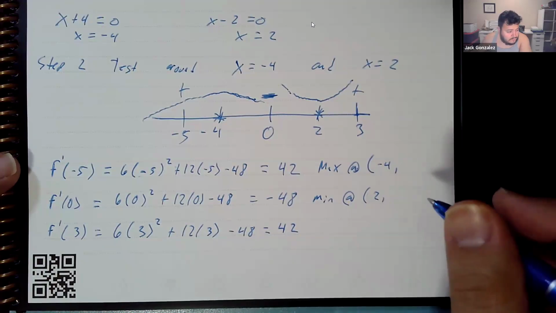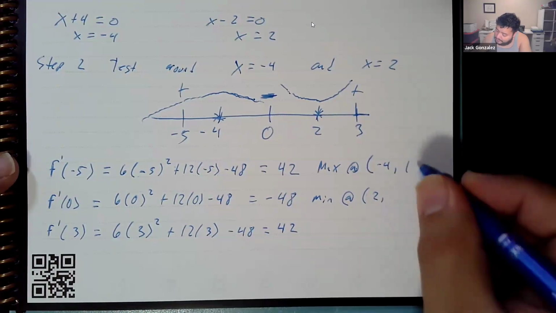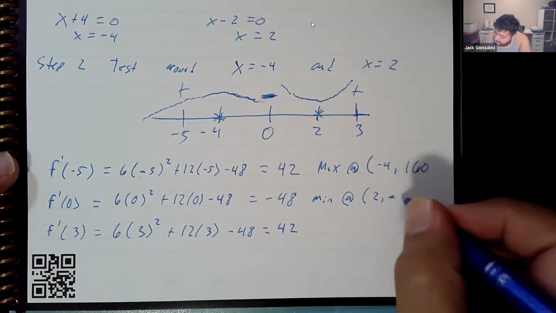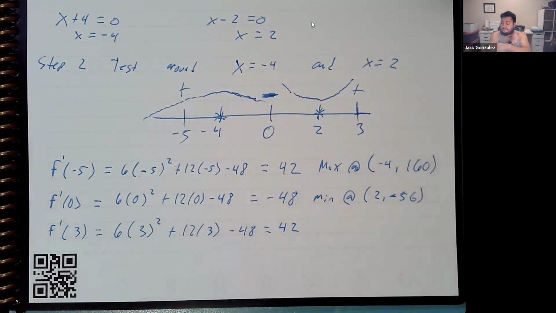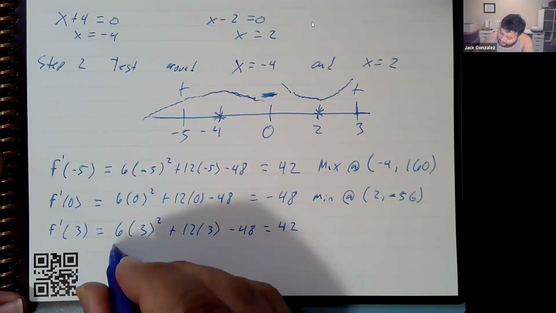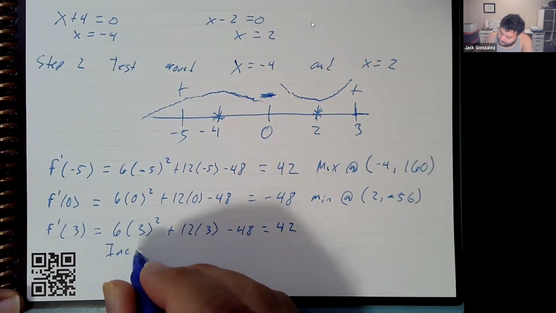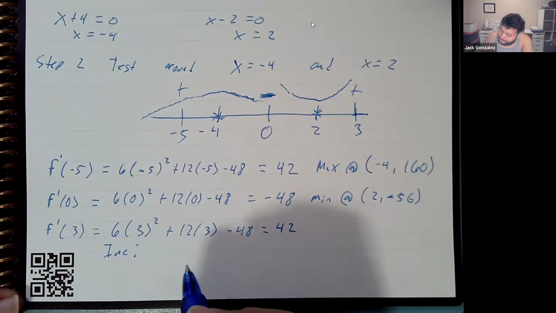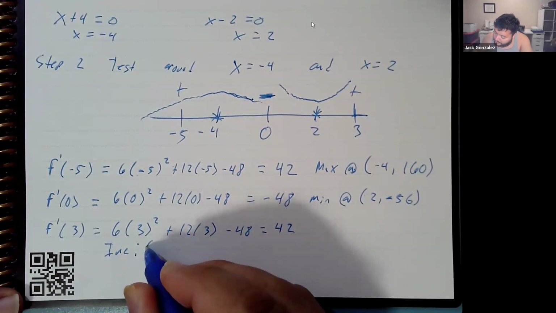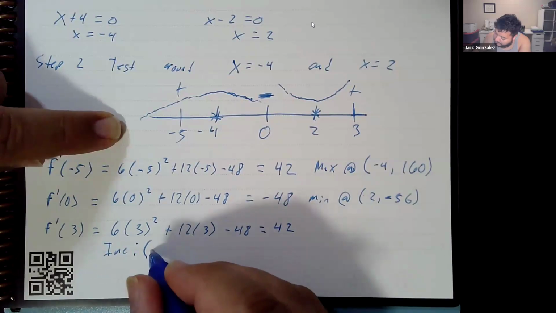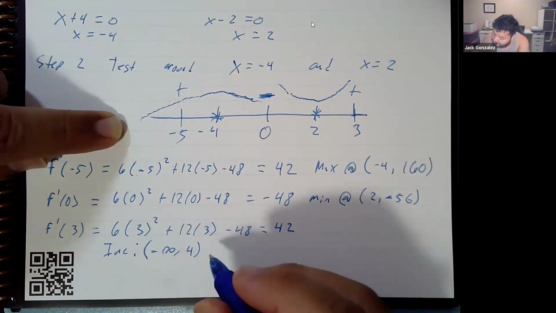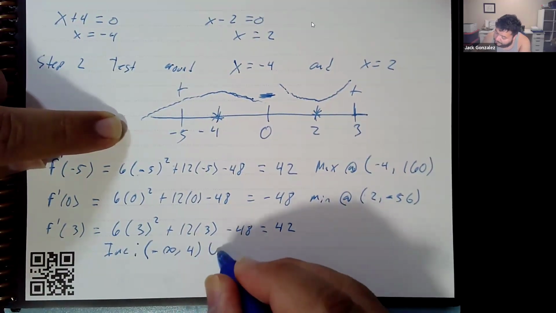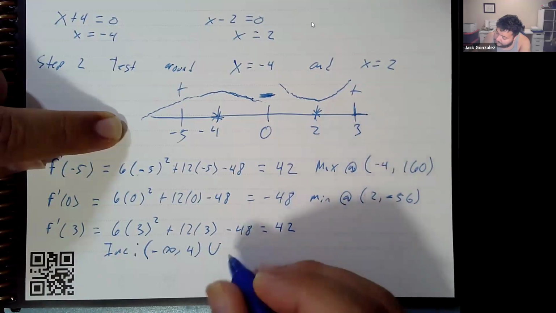Let me look up the answer here just to save some time. This would be 160 and -56. There we go. We're increasing from -infinity all the way until -4, and then we start to decrease. And then we begin to increase again after 2.